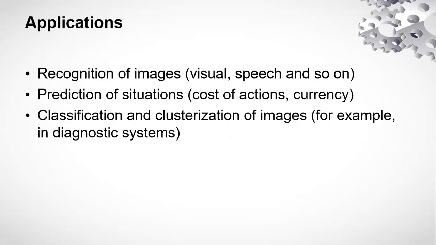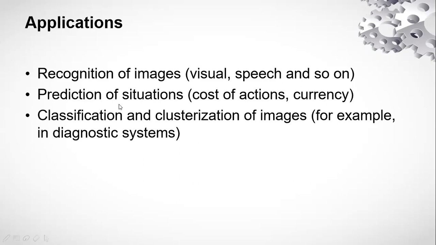Now, there are certain applications in which we are using neural networks, and there are a lot of sectors in which they are used today. Recognition of images, which can be visual, speech, and so on. Prediction of situations, cost of actions, currencies.